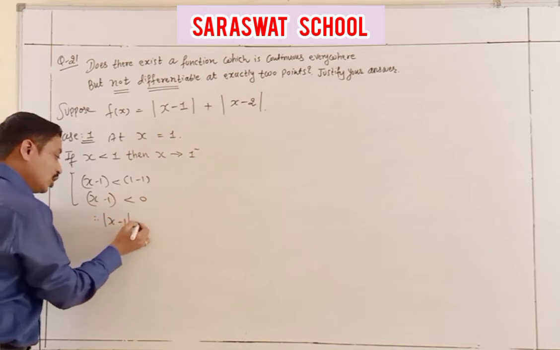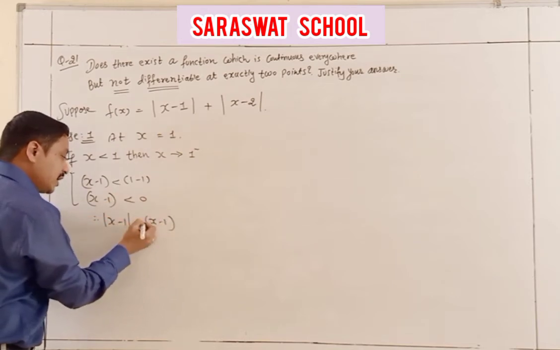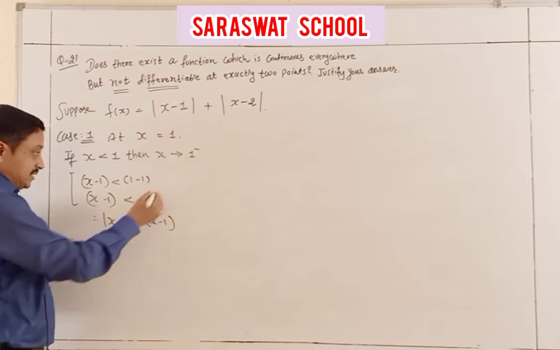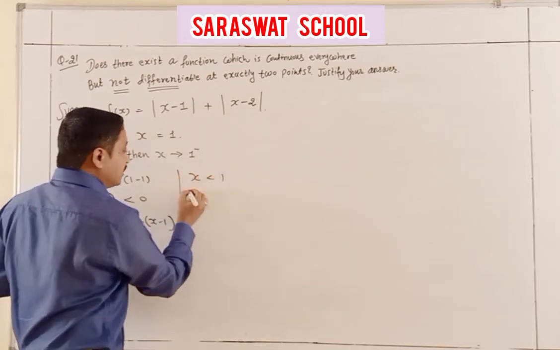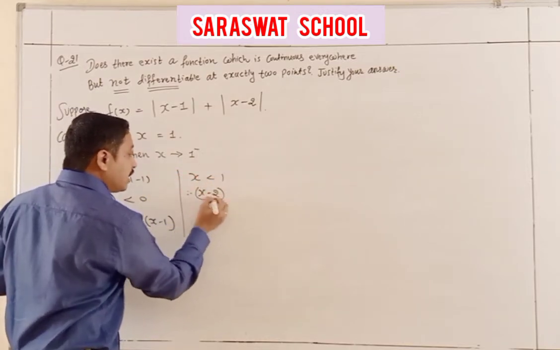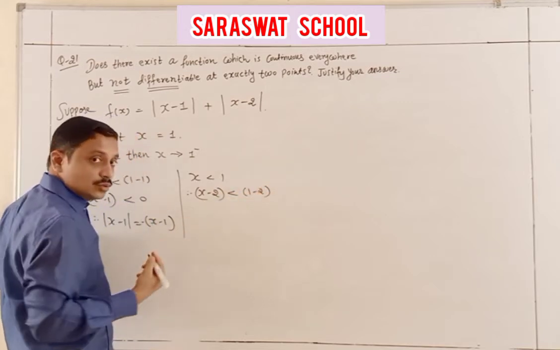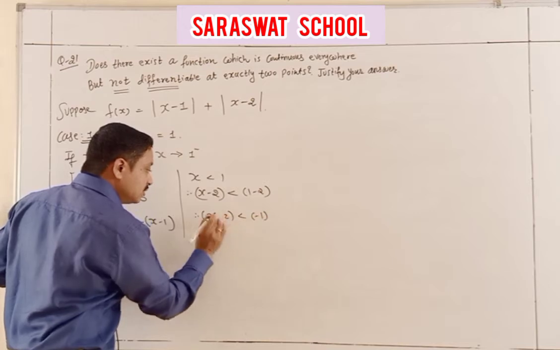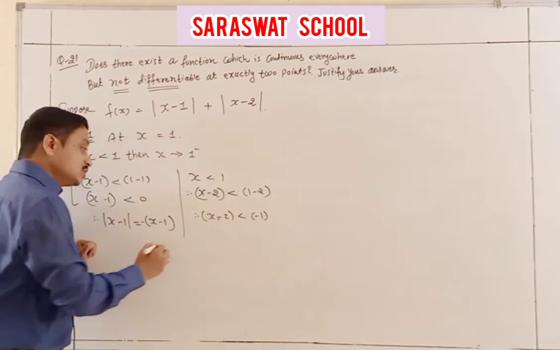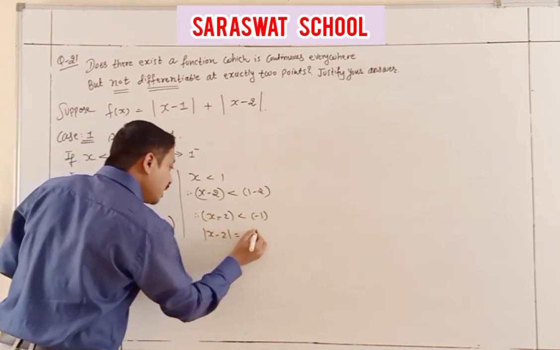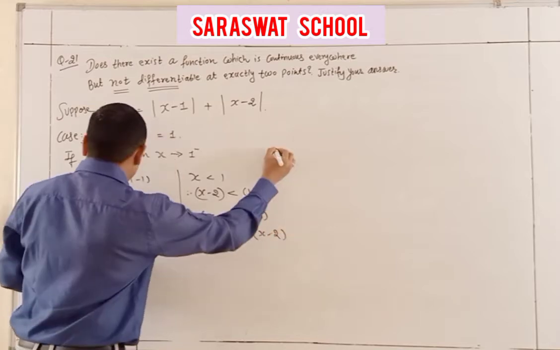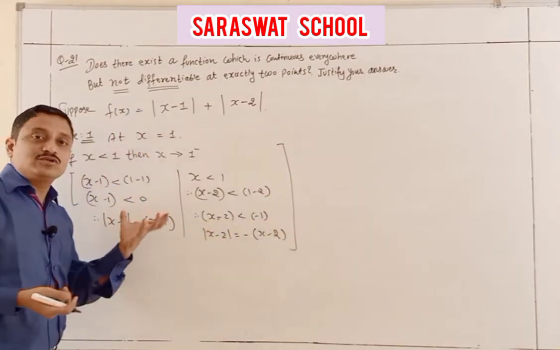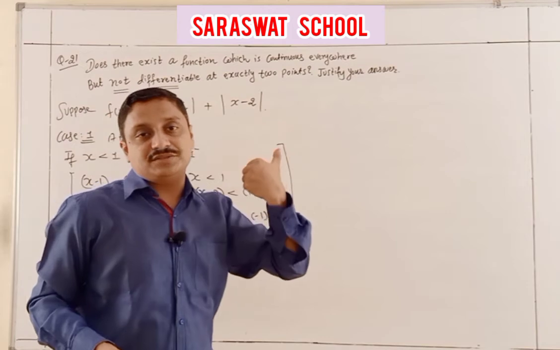So what is the modulus of x minus 1? It is minus outside, same as x less than 1. I just write down here minus 2, so you have here less than minus 1. Indirectly, this also has minus outside, and this value I utilize in my function.